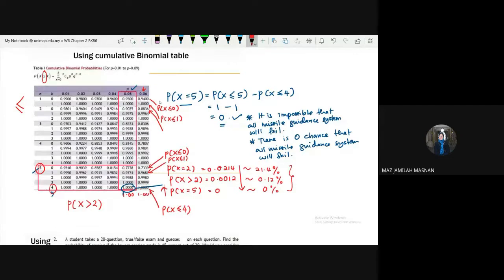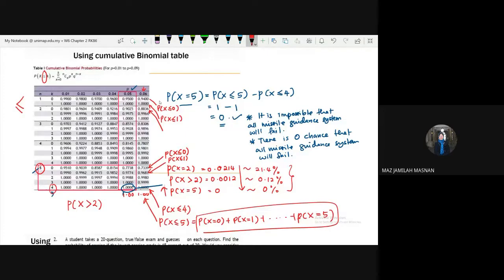Now that's why for the last part it is P(X ≤ 5), which is actually P(X = 0) plus P(X = 1) until P(X = 5), which includes all the components of individual probability.